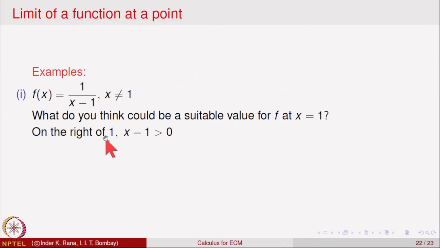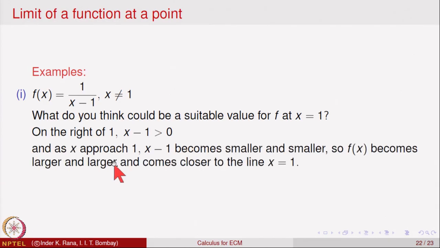On the right of 1, when x is bigger than 1, x minus 1 will be a positive quantity. So, whenever I take a sequence on the right of 1, approaching 1 from the right side, these will all be positive. So, the limit will be a positive number, if at all it converges.